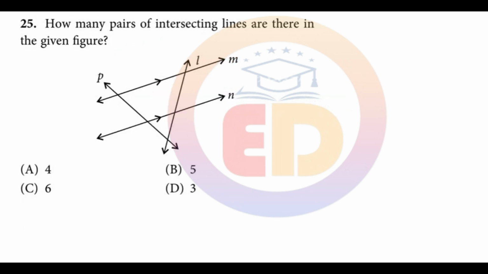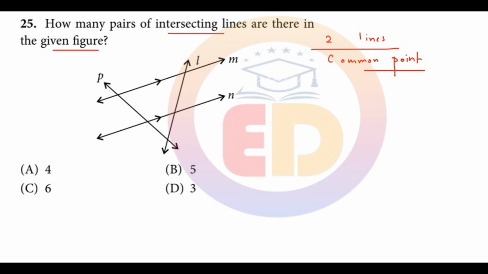How many pairs of intersecting lines are there in the given figure? Now we know that intersecting lines, when two lines meet at a common point, when two lines have a common point, they are called intersecting lines. Now let's see how many lines are having one common point, or how many lines have a point of intersection.